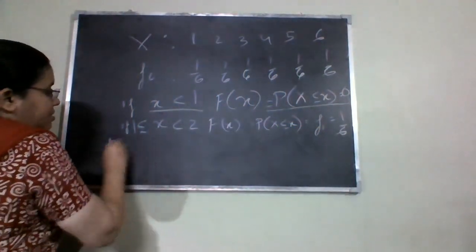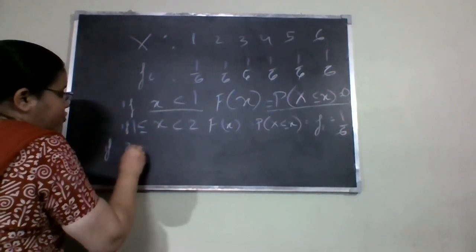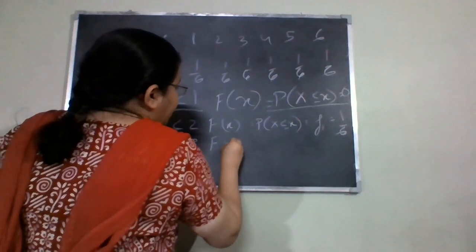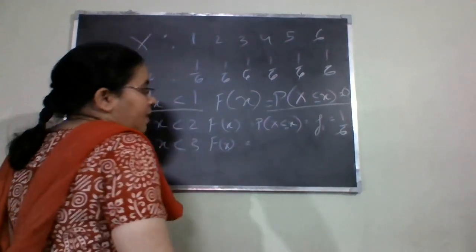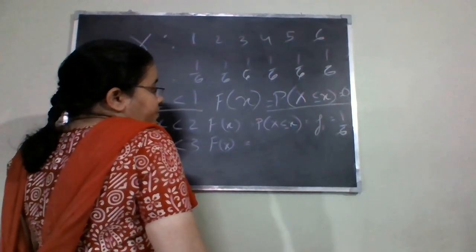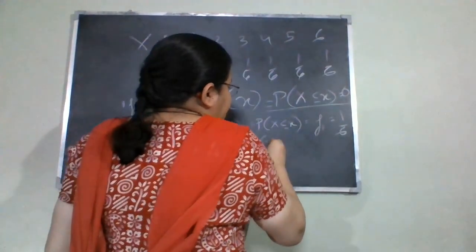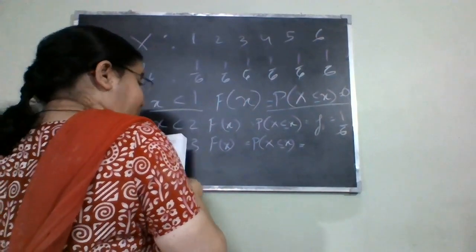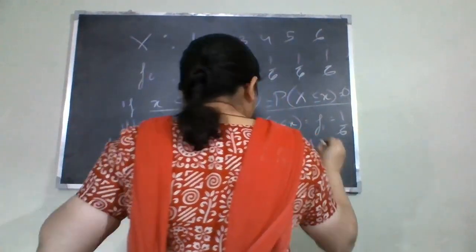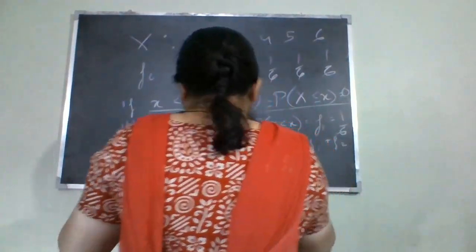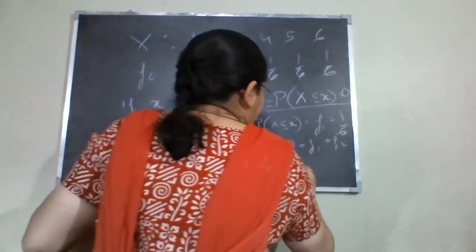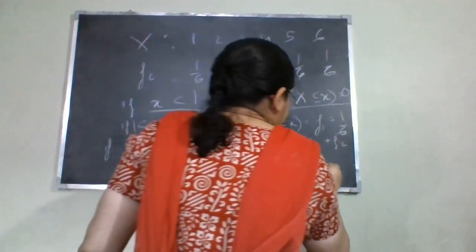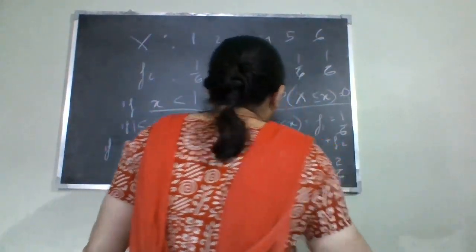Now let us use 2 as my lower bound. If x is greater than or equal to 2 and less than 3, F(x) will be f1 plus f2. f1 was 1/6, f2 is also 1/6, so it is 2/6.